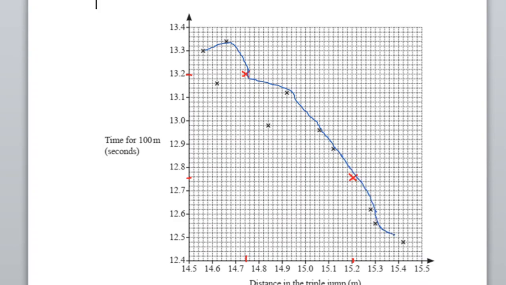So here's one boundary and here's the other boundary for it, with a very light pencil. So this is the shape we're getting now. The line of best fit will roughly be the line of symmetry of this shape.